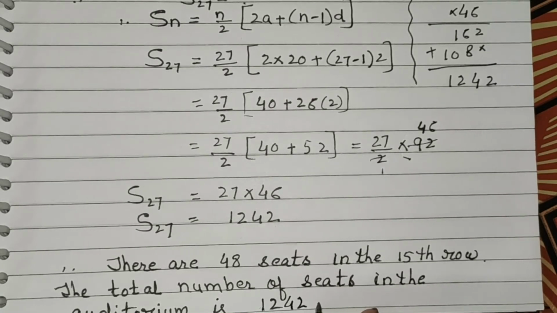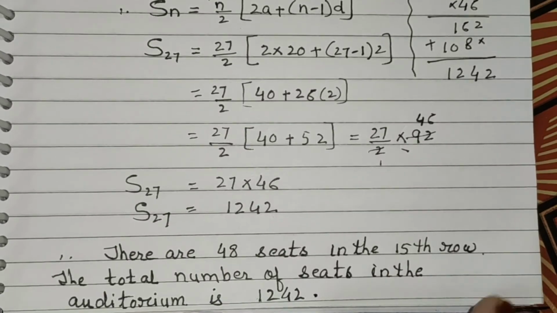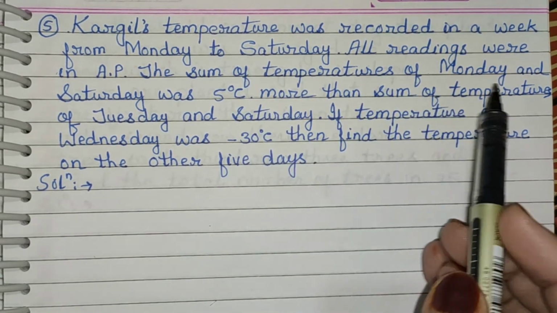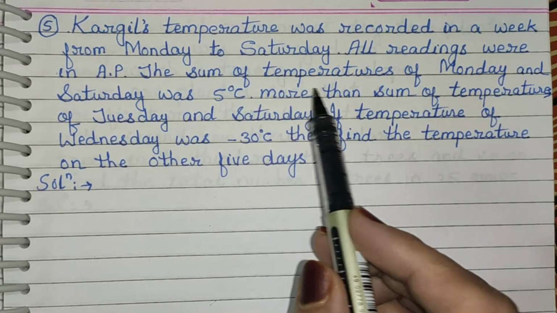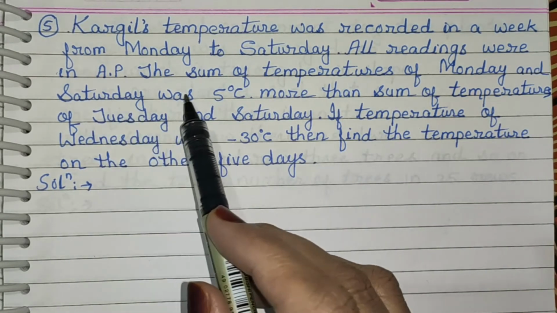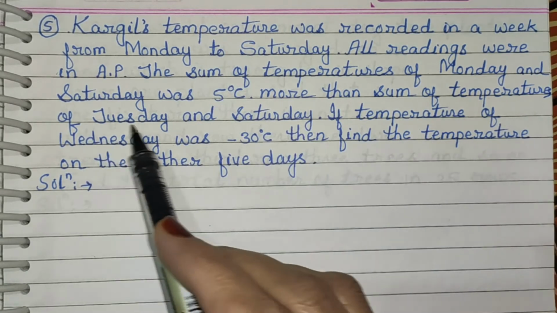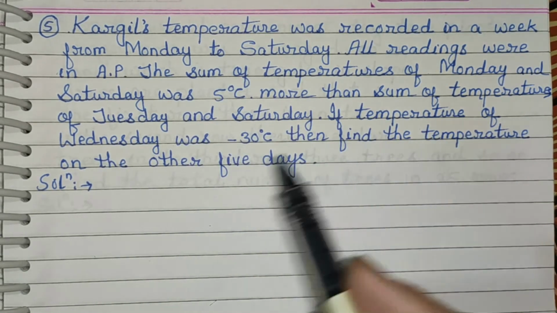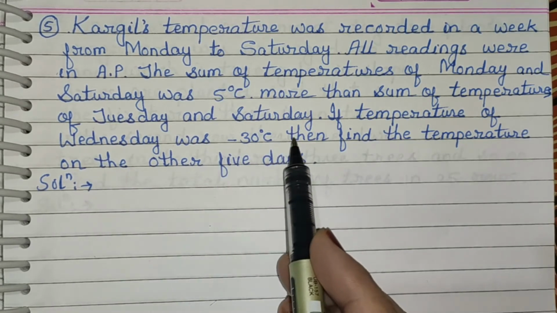Now the next question is, Kargil's temperature was recorded in a week from Monday to Saturday. All readings were in AP. The sum of temperatures of Monday and Saturday was 5 degrees centigrade more than sum of temperature of Tuesday and Saturday.